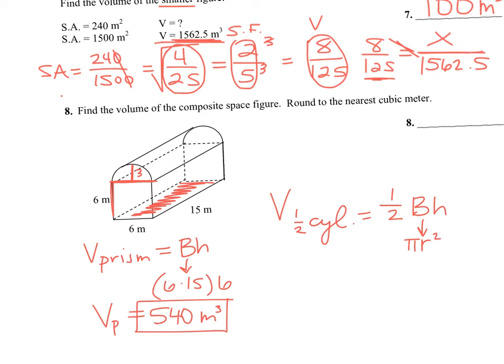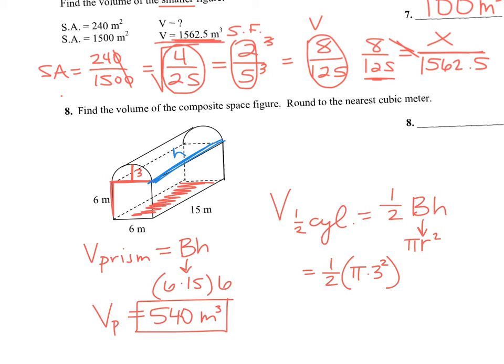Okay, so you're going to do 1/2 times pi times 3 squared. What's h? It's 15. It's the height of the cylinder, so it's the distance between the two circles there, which would be this.